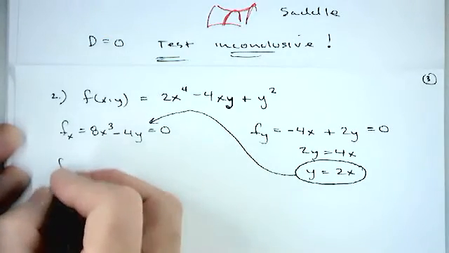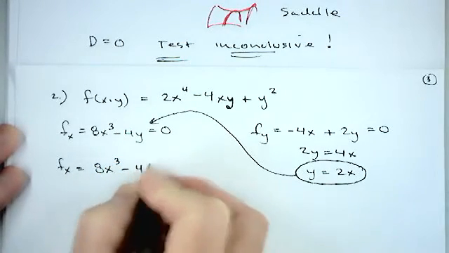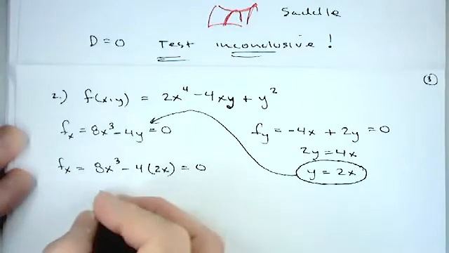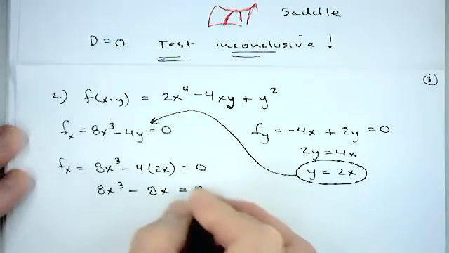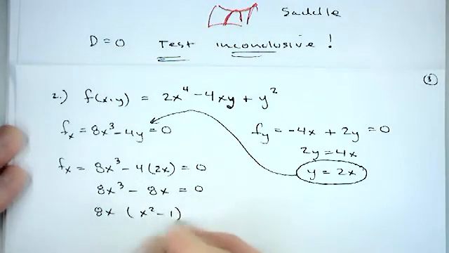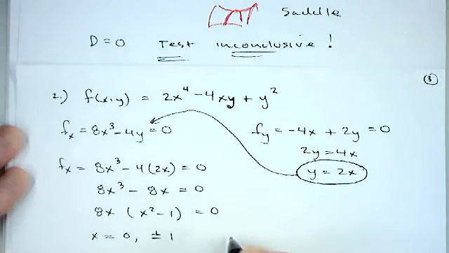And so then f sub x becomes 8x cubed minus 4 times 2x. And so I get 3 values for x, plus or minus 1 and 0.